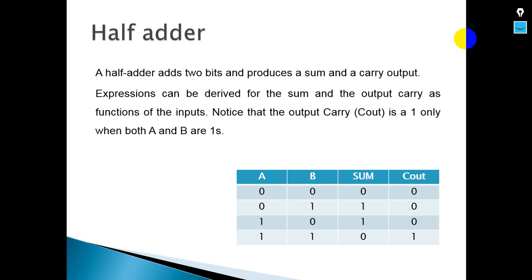So now what does it mean? For the half adder, let me just draw the truth table. What is the truth table of the half adder? The truth table of the half adder will have two inputs and two outputs. These are the two inputs, A and B.